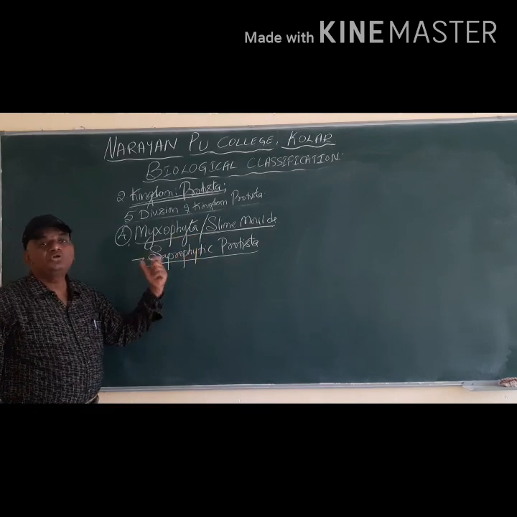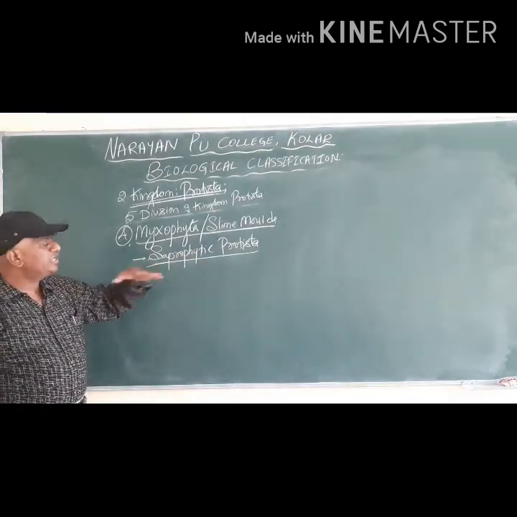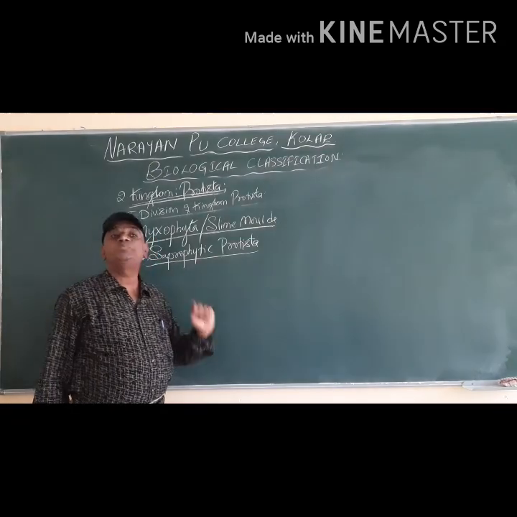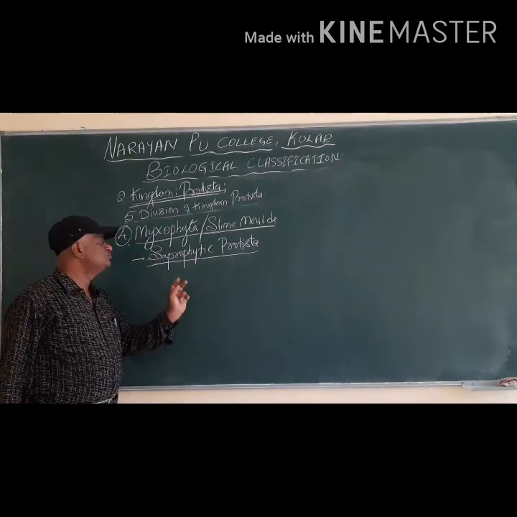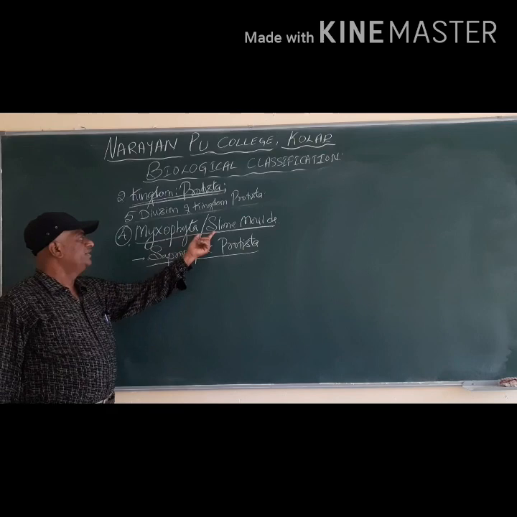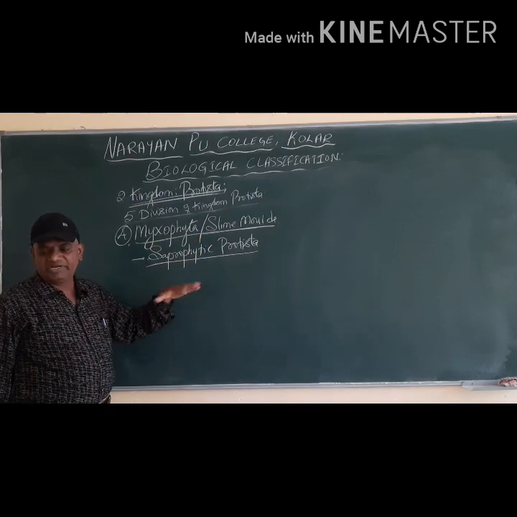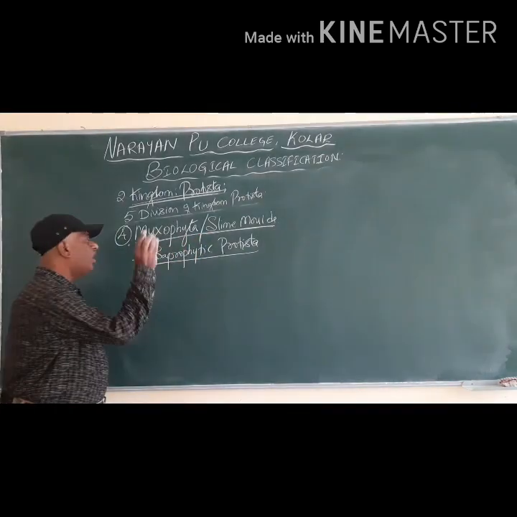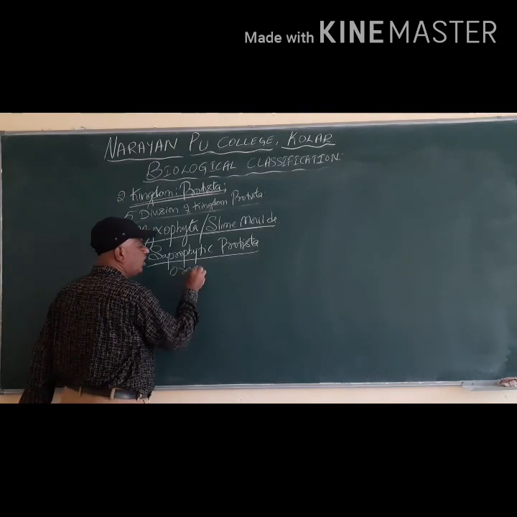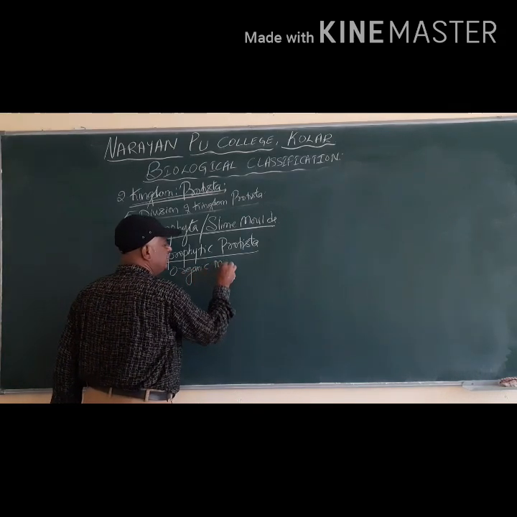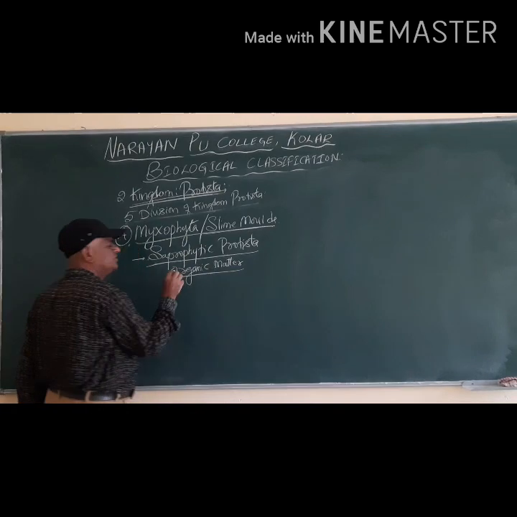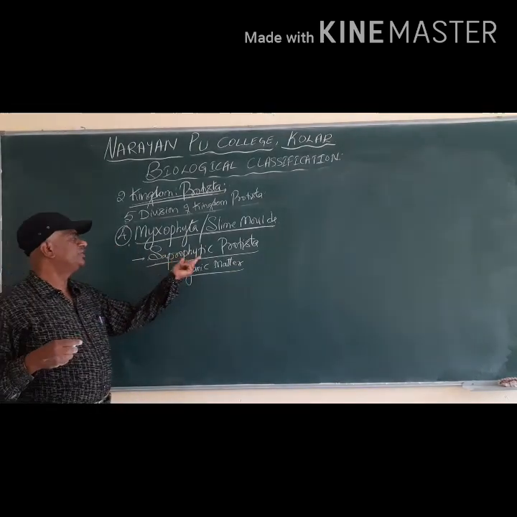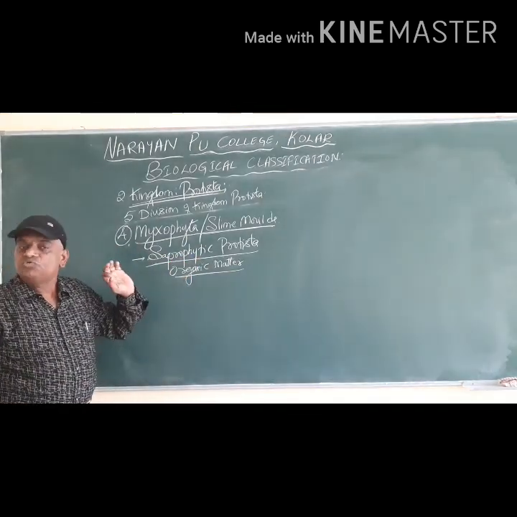Slime molds grow on dead and decaying parts, for example twigs and leaves, and keep moving on them, engulfing organic matter from the dead parts. Hence they are called saprophytic fungi.